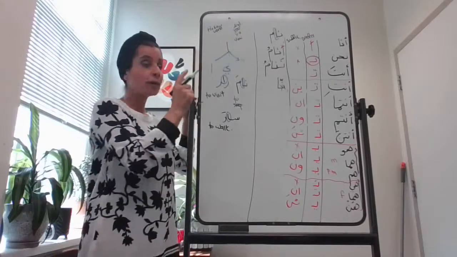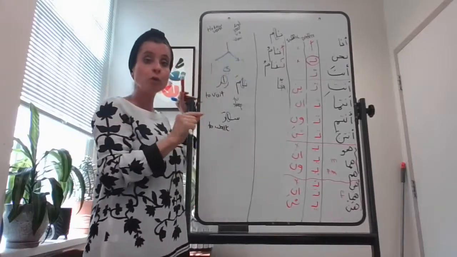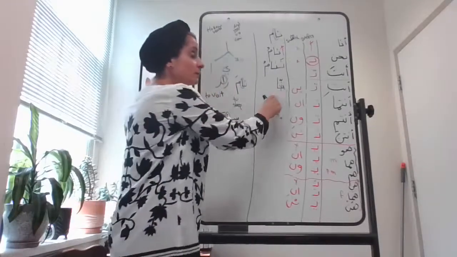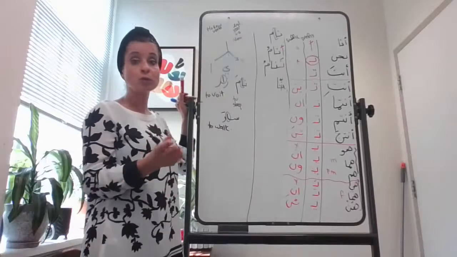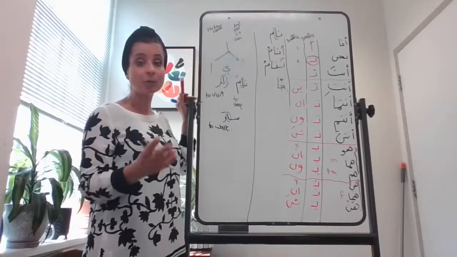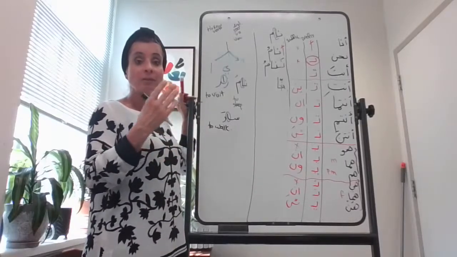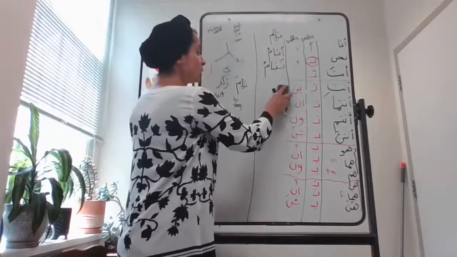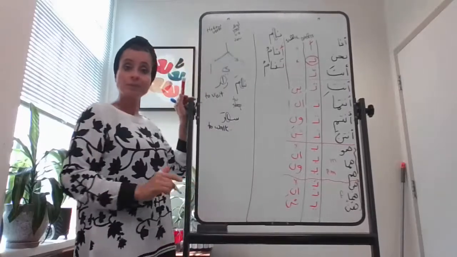So for nahnu, you have to write the noon twice. Do not double it with shadda, because it's against the language rules to double consonants in the beginning of any word in Arabic. So nahnu nanamu.